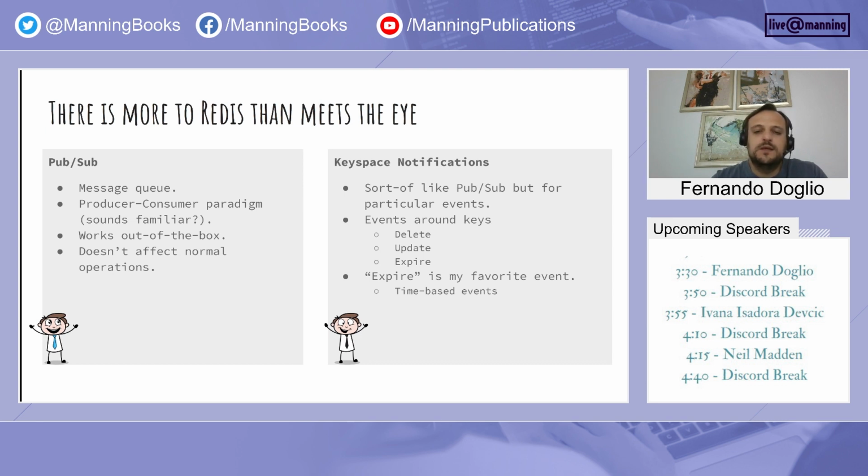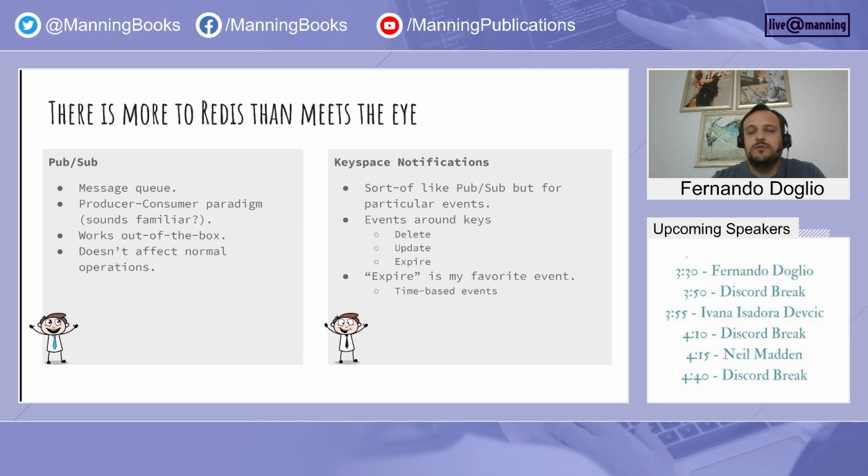So here is Redis itself acting as a producer, sending specific events around keys. So events such as delete, update, or expire. That means if we update a key, we can get notified. Updating a key means updating data, a value on the storage.